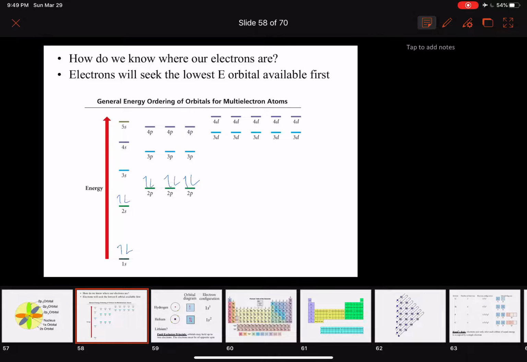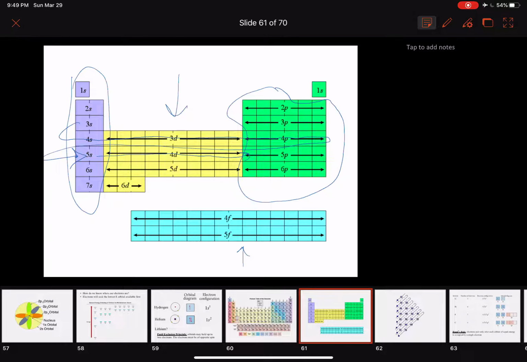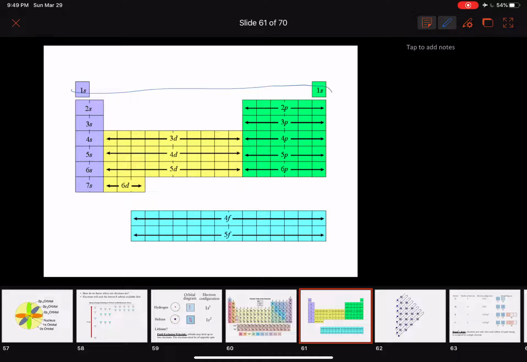So we have 1s2, 2s2, and 2p6. And if we're looking at it with this chart right here, we can see that we go 1s, and then we come back down to the 2s, and we go 2p, and then we go 3s right there. So after the 2p6, after 6 electrons have filled the 2p's, we go to 3s.